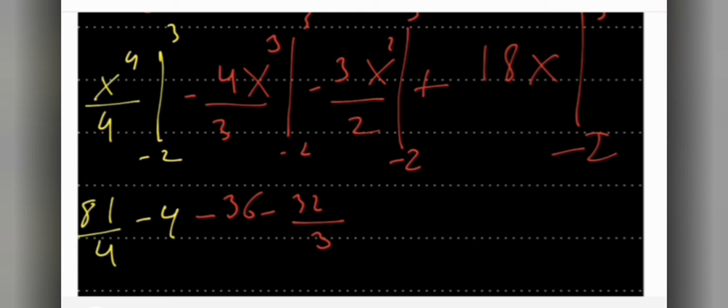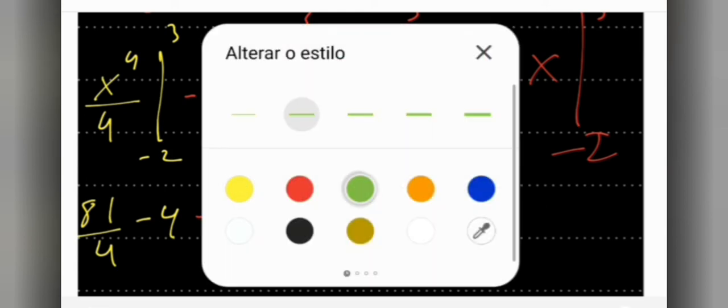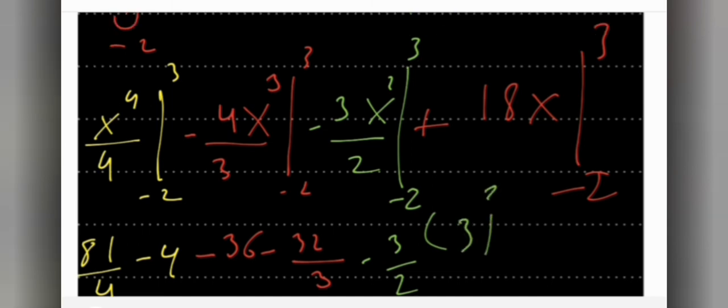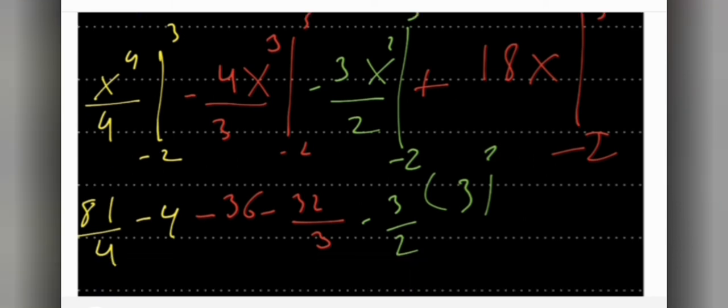So now let's do this next term over here, for the green term over here, okay? Now for the green term we have minus 3 divided by 2, x squared when the upper bound is 3, okay? So 3 squared, 9 multiplied by 3, 27 divided by 2, okay?